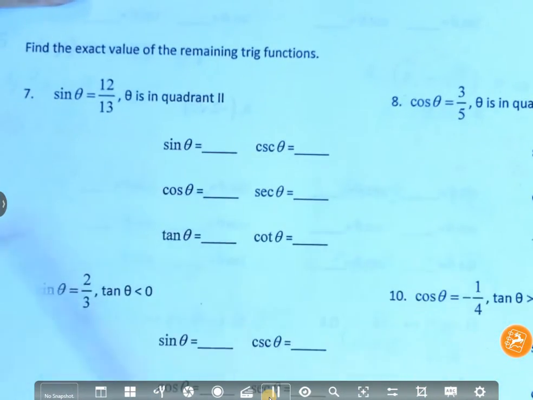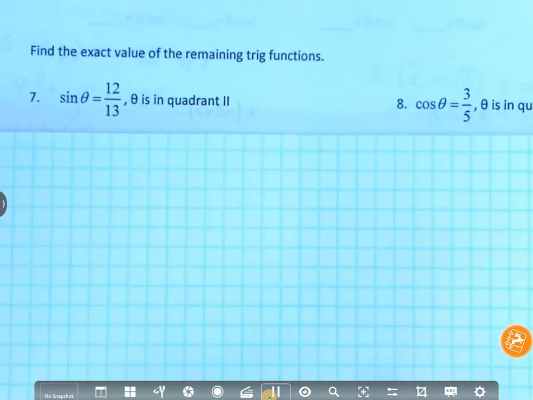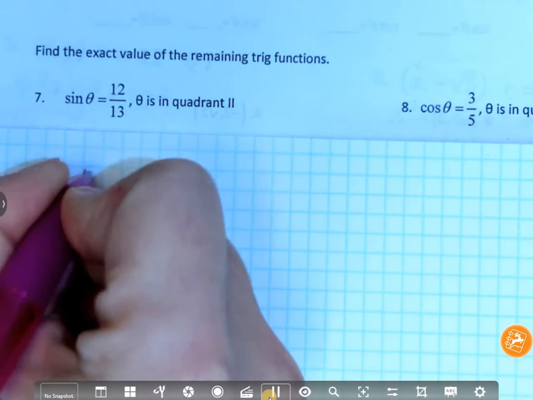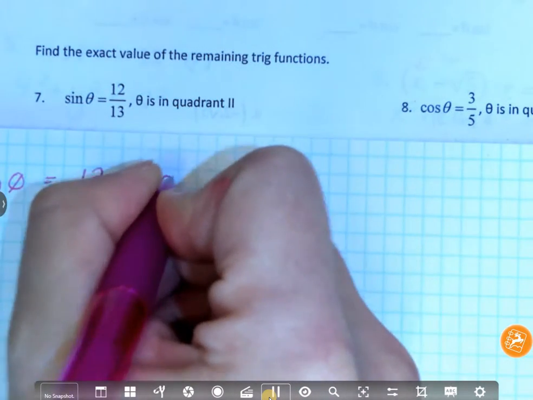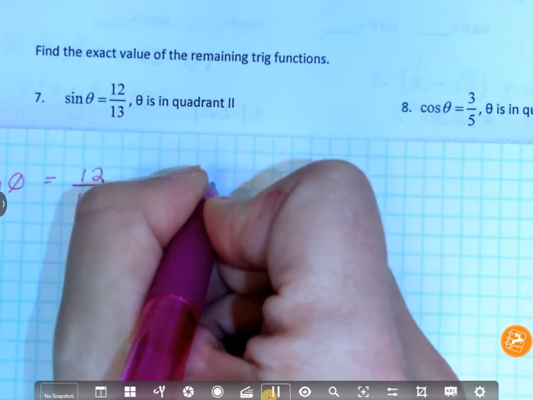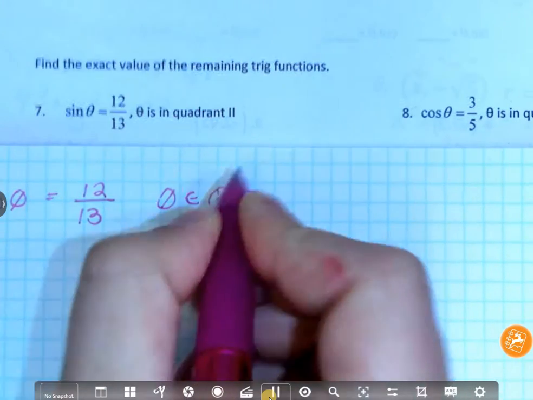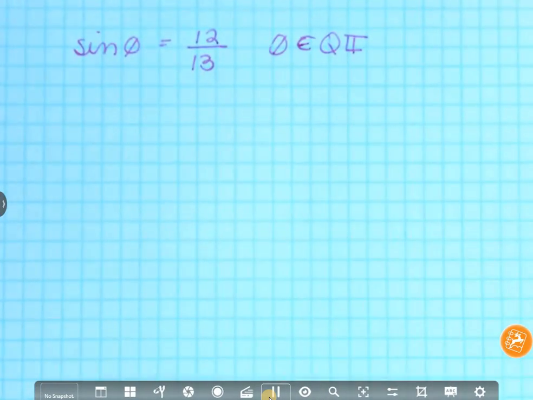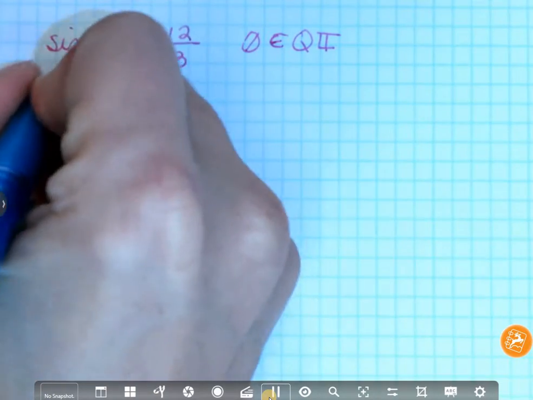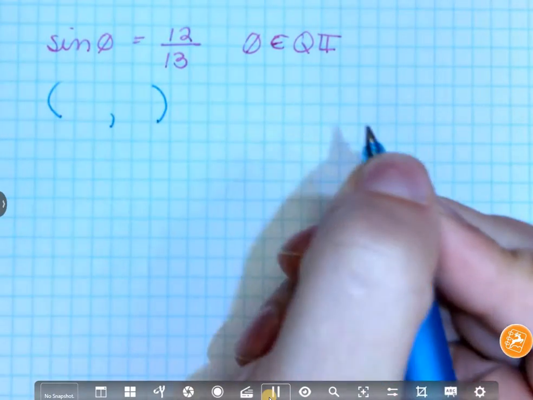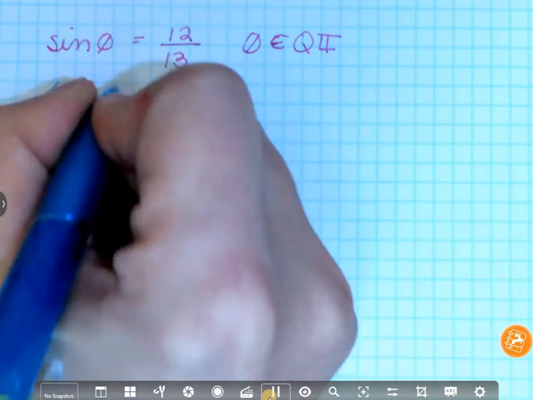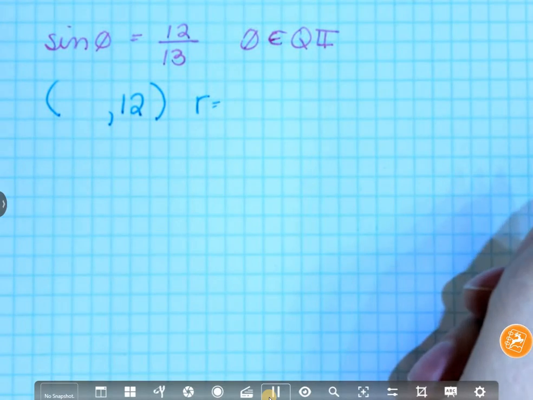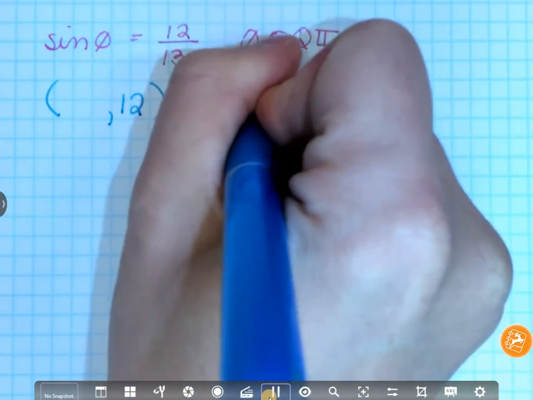And then for this, again, it's the same thing, just written in a slightly different way. This says the sine is 12 over 13, and it tells me what quadrant I'm in. By the way, that symbol means in. Sine is what over what? Let's think in terms of what we're doing right now. Y over R. So that means sine is 12, R is 13.